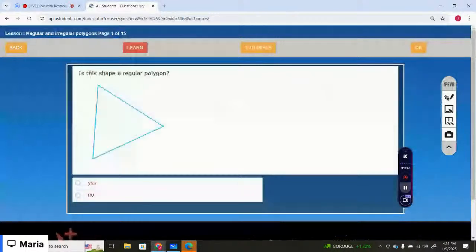Is this shape a regular polygon? The correct option is yes, that is a regular polygon. Option number one is the correct option.